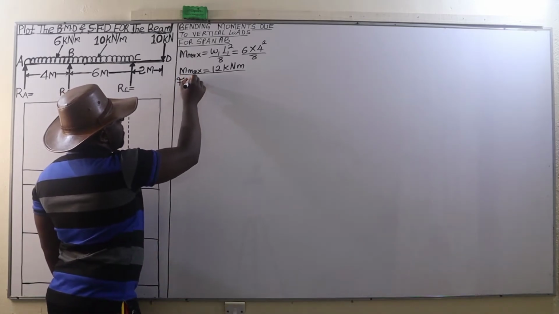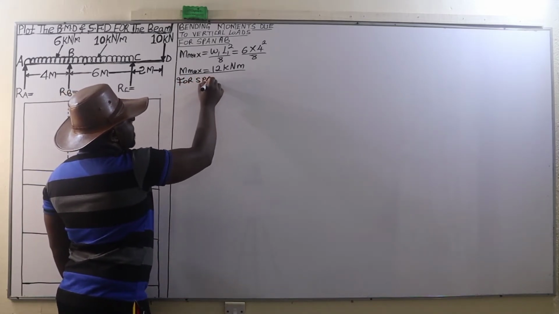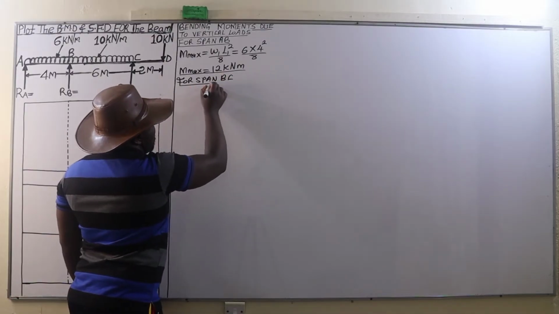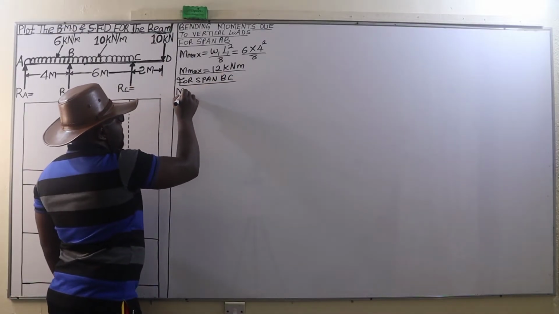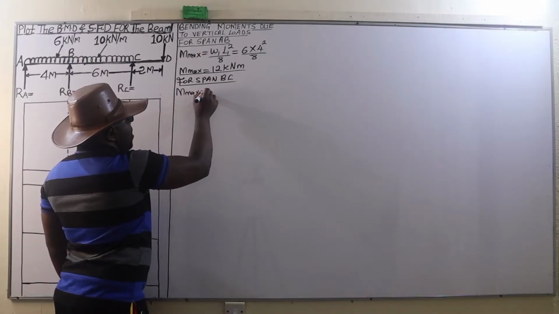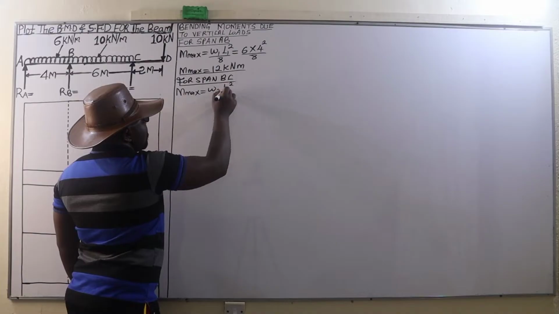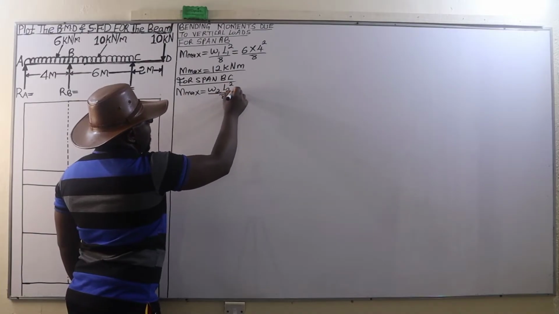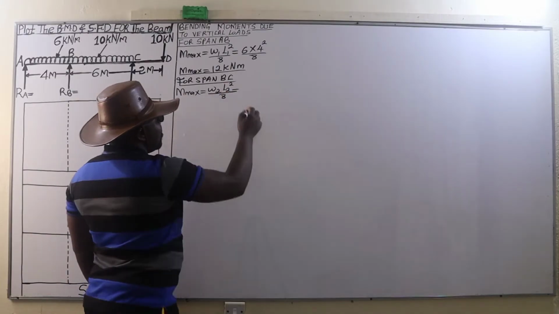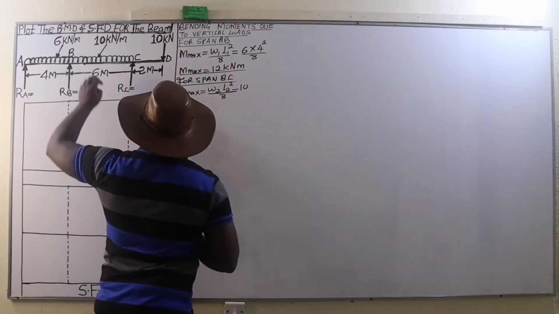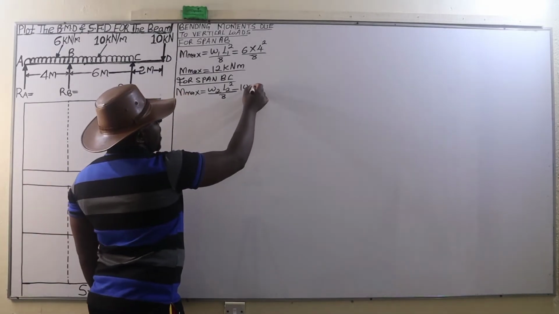From there, we are going to go to the span BC. Therefore, for the span BC, the maximum bending moment will be given by W2 L2 squared all over 8. And this is going to be equal to W2, a UDL of 10 kilonewtons per meter.